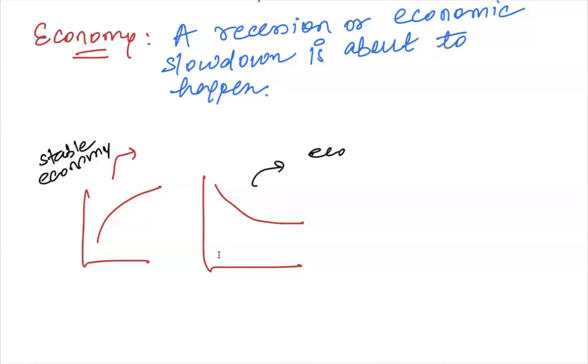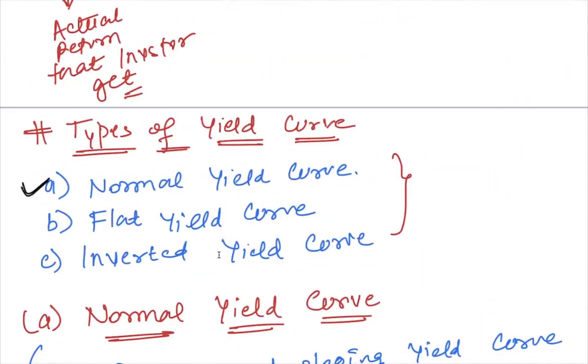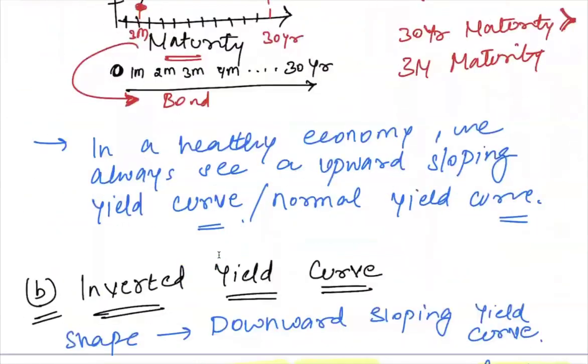That an economic slowdown or recession can hit the economy. So now we have the last shape, which is the flat yield curve. We saw the normal, we saw the inverted. Let's see the flat yield curve.